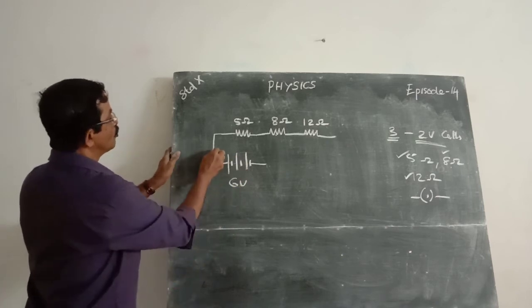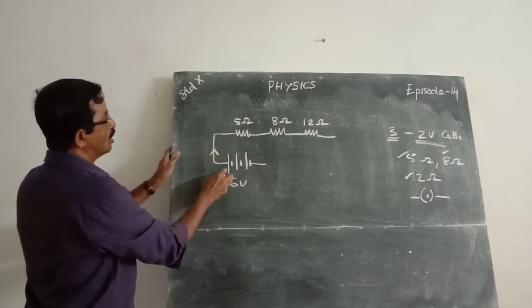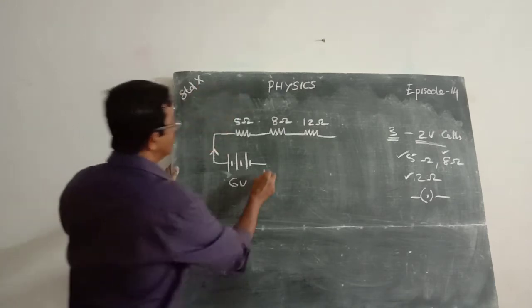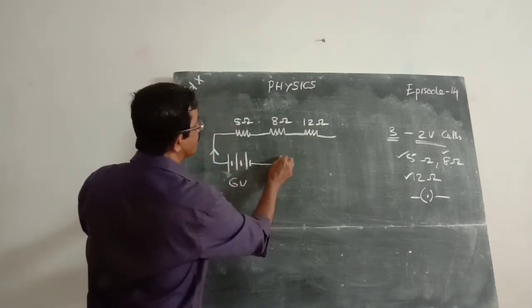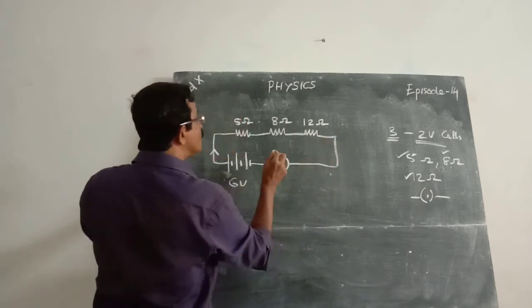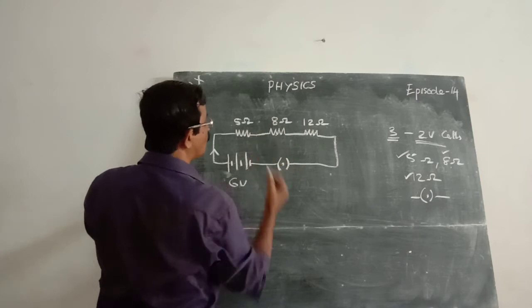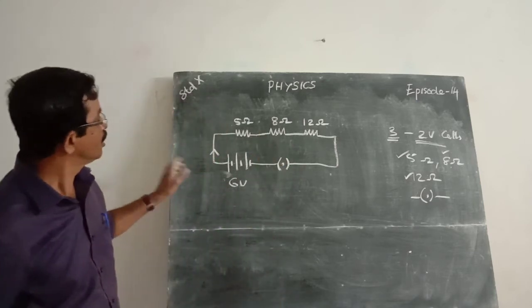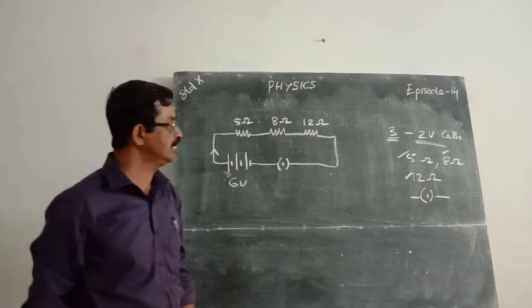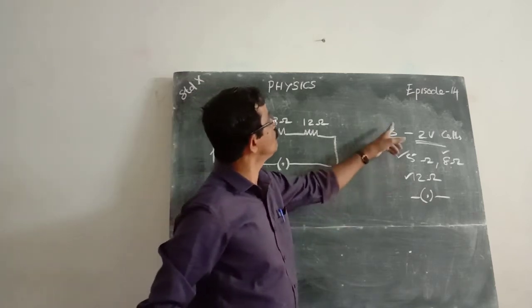We know current flows from positive to negative, so the long line is the positive. And again we connect the plug key. If we put it here, this is a closed circuit. Now this is the schematic diagram that the question asked you to draw.